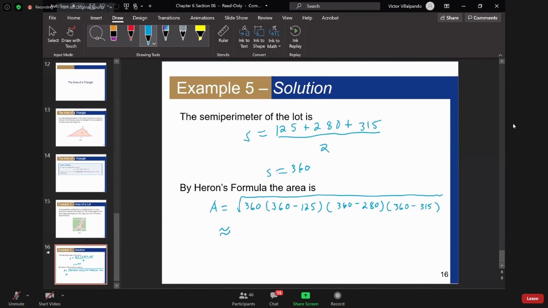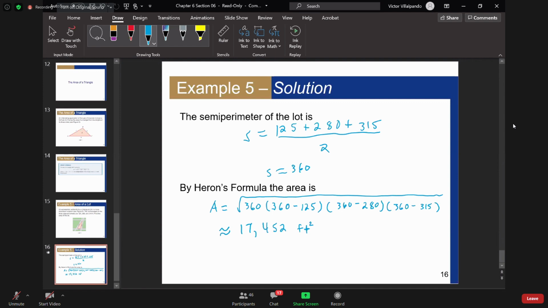Anybody get 17,451.64? Yes, awesome. Let's go ahead and round to the nearest whole number. So I believe 452, and then we're talking feet, so square feet.